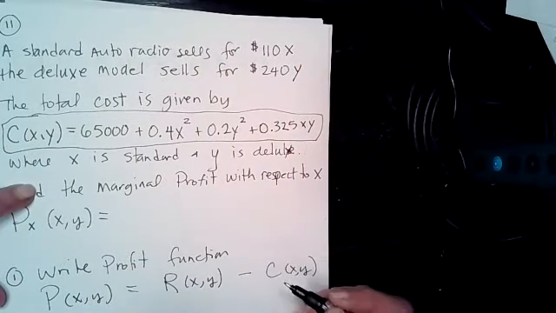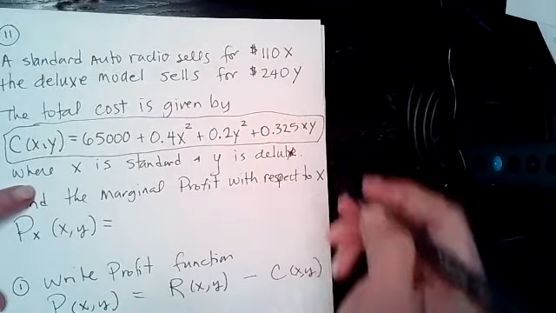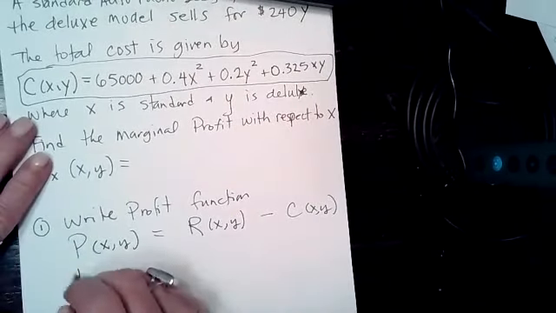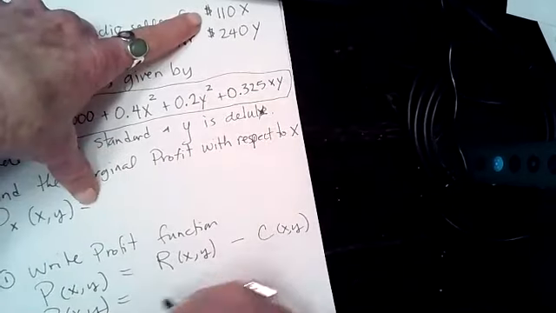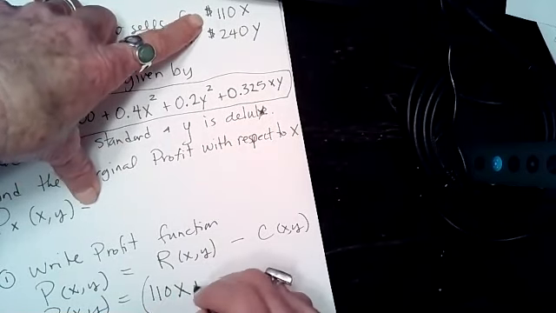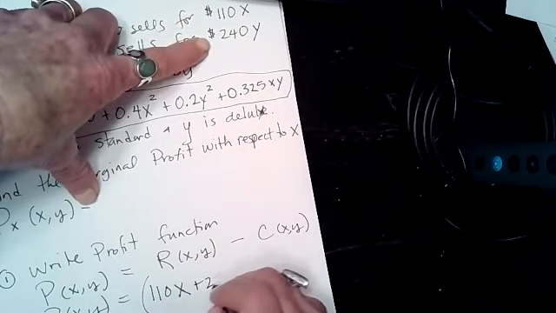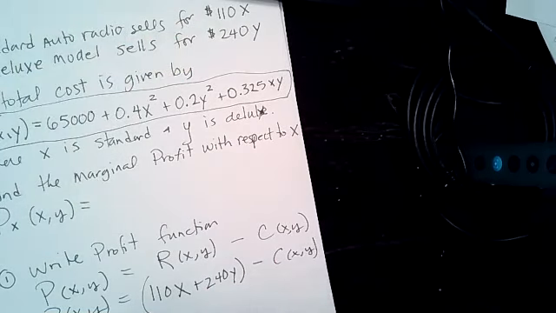So what is my revenue function? Okay, my revenue function is what? How much do you make? Well, you make 110 for each standard plus 240 for each deluxe, right?